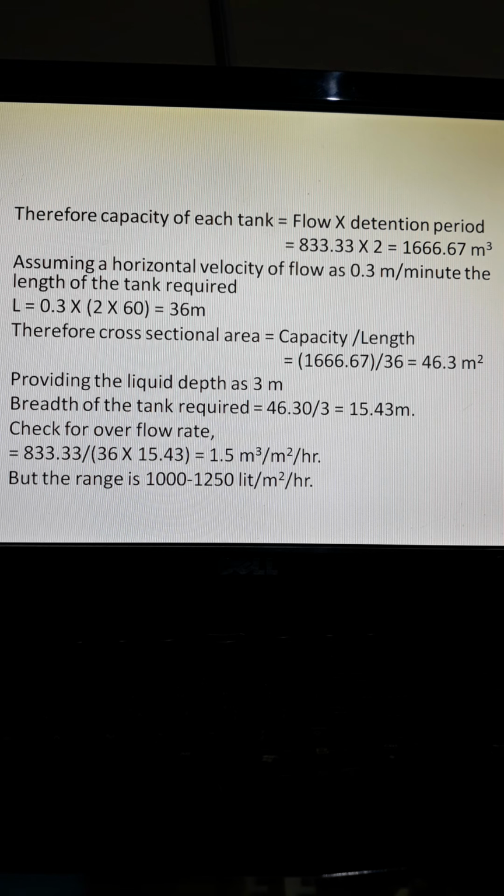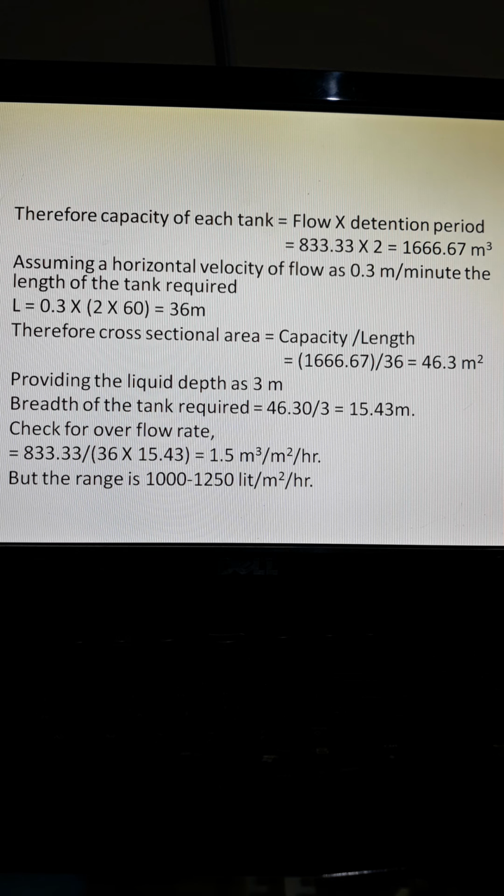This surface area is nothing but the length and then the breadth. So length of the tank is 36 meter and the breadth of the tank is 15.43 meter. Therefore, it's going to be 1.5 cubic meter per square meter per hour. 1.5 cubic meters means 1500 liters per square meter per hour.